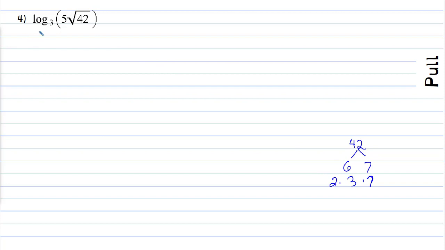And so we have log base 3 of 5 times the square root of 2 times 3 times 7, which is the same thing as log base 3 of 5 times the square root of 2 times the square root of 3 times the square root of 7.